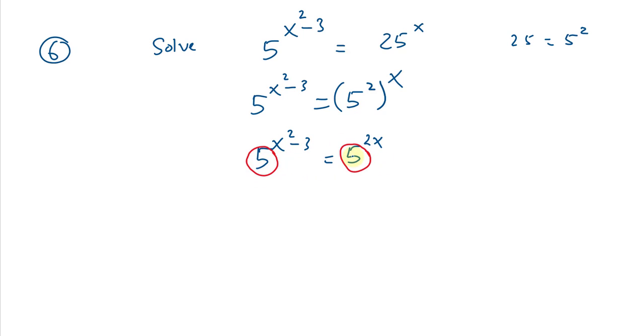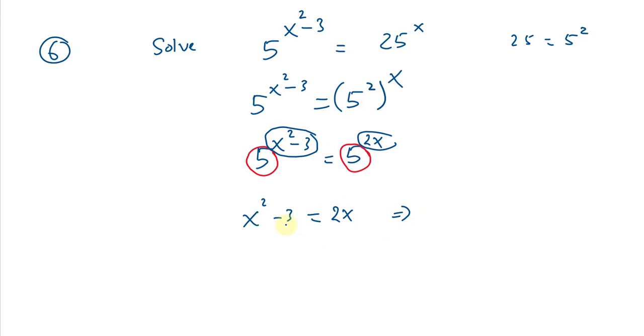So the base is 5 here and here, they are already equal to each other. Therefore their exponents have to be equal in order to make the two sides balanced. Okay, so this tells me x squared minus 3 should equal 2x. And then I can solve for x from here.